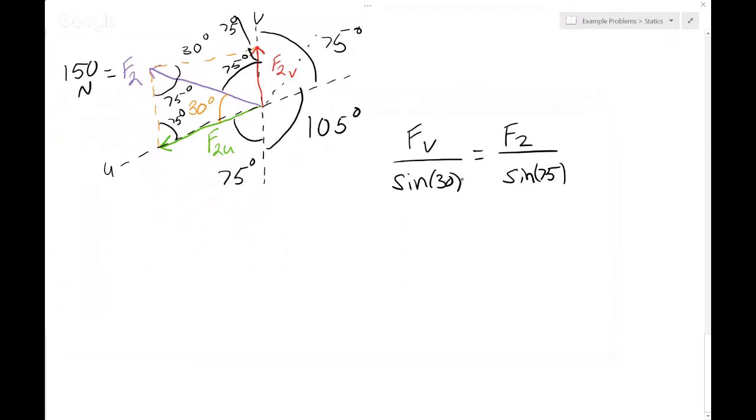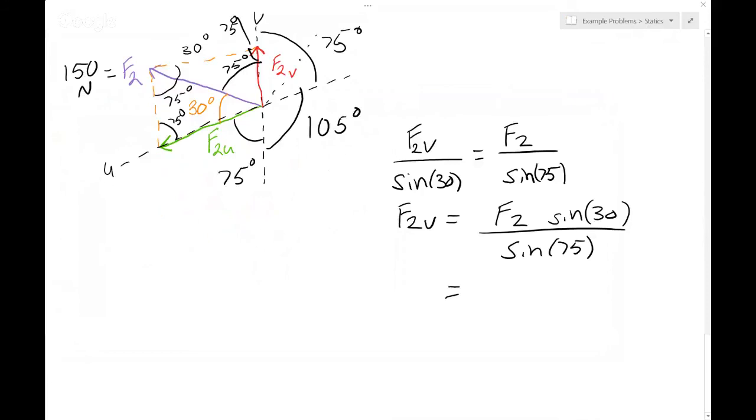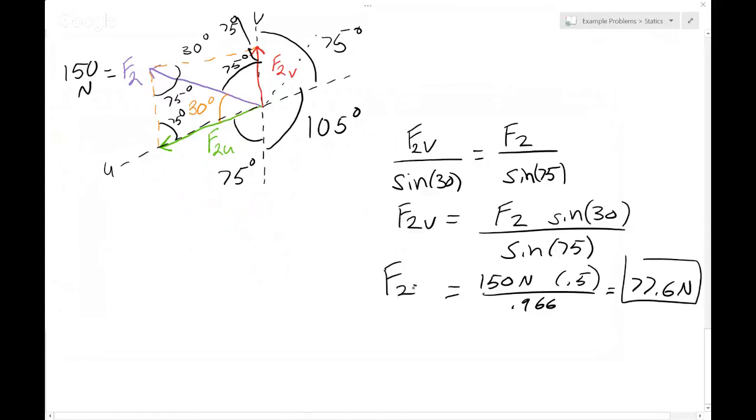And so once again, we can just multiply our sine of 30 to this other side, and we get force 2v is equal to force 2 sine of 30 divided by sine of 75, which is equal to our 150 newtons times 0.5, which is sine of 30 evaluated, divided by 0.966, which is sine of 75 evaluated, which gives us 77.6 newtons total, which is our answer for our force 2v.